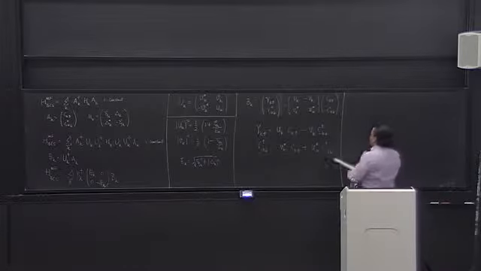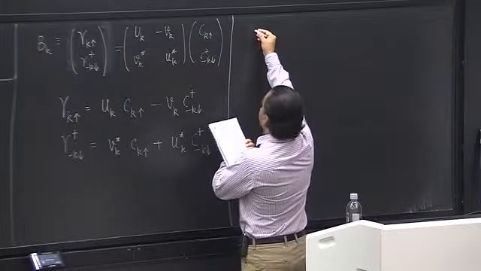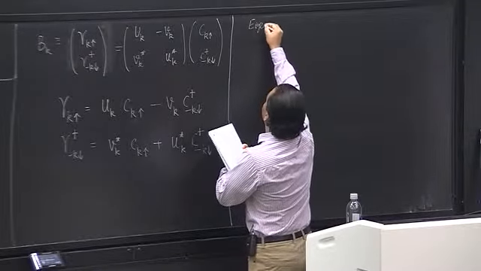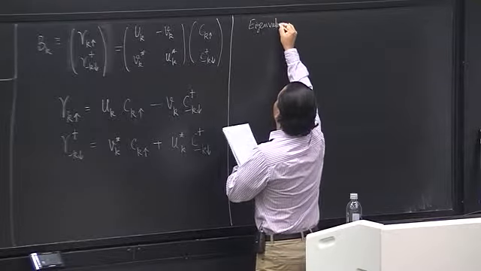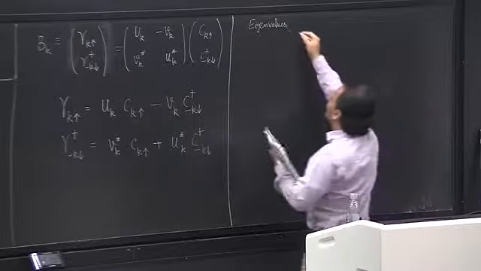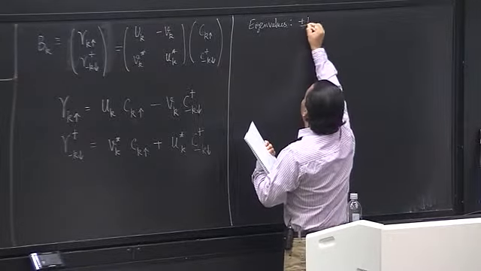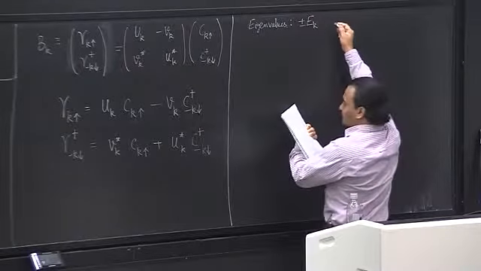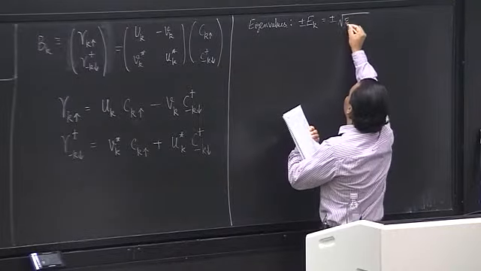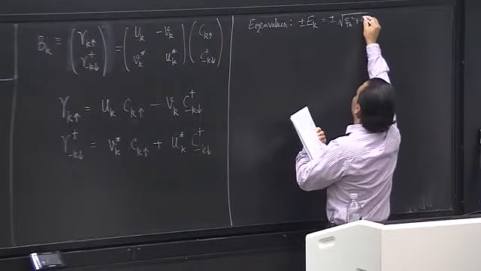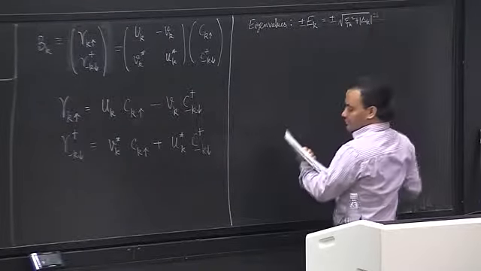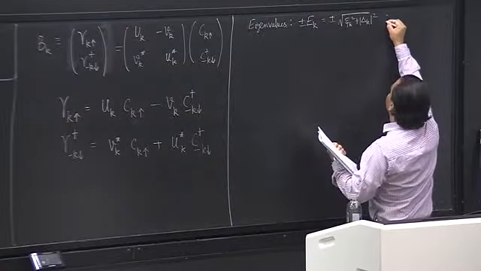Another way to see it is, let's make a plot of the eigenvalues. The eigenvalues of this new diagonal Hamiltonian are really plus minus EK. And what is this energy?